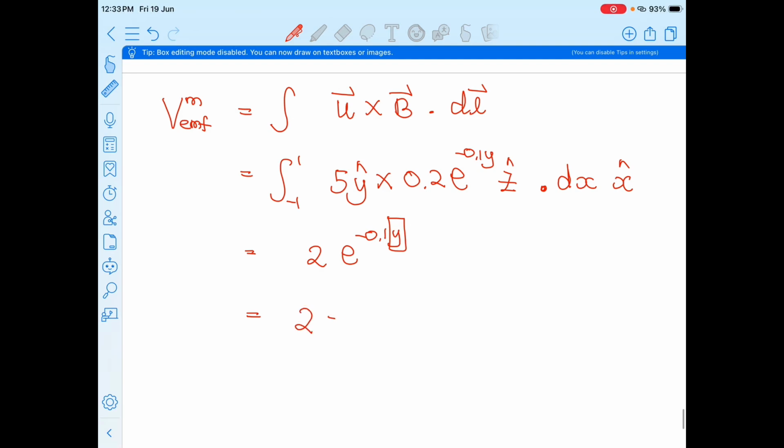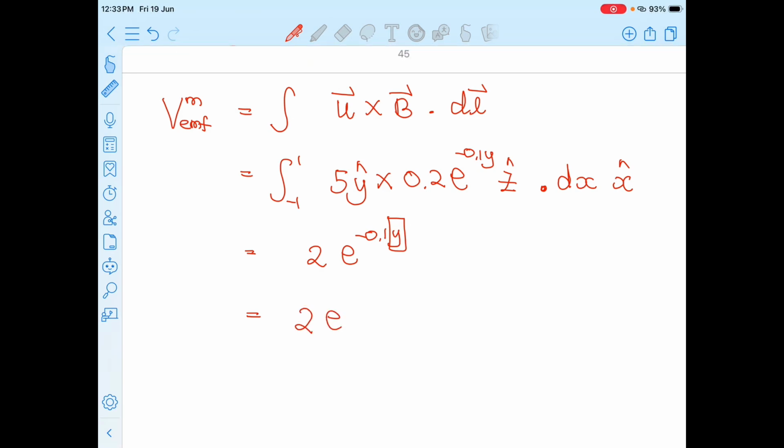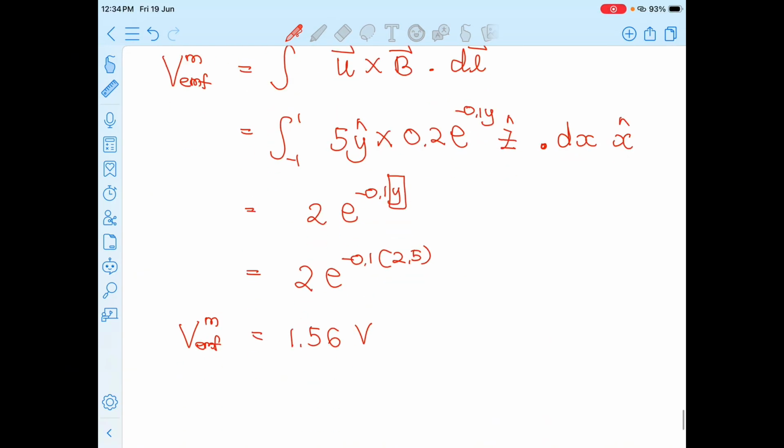So you replace it with 2.5, and you get a value of 1.56 volt. This is the motional EMF for side 3 and 4.